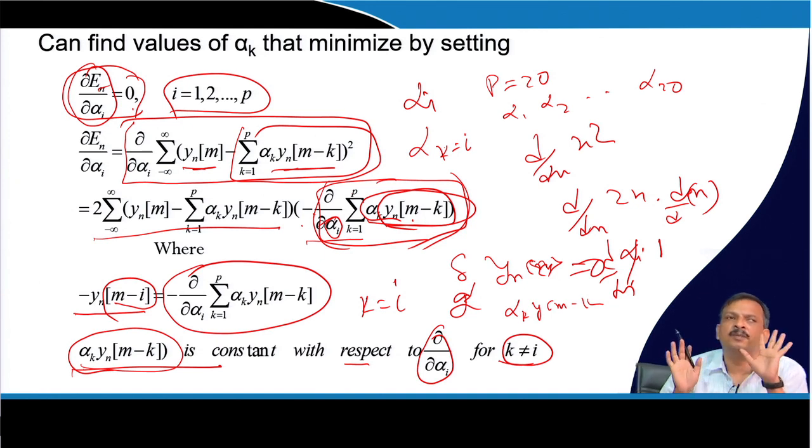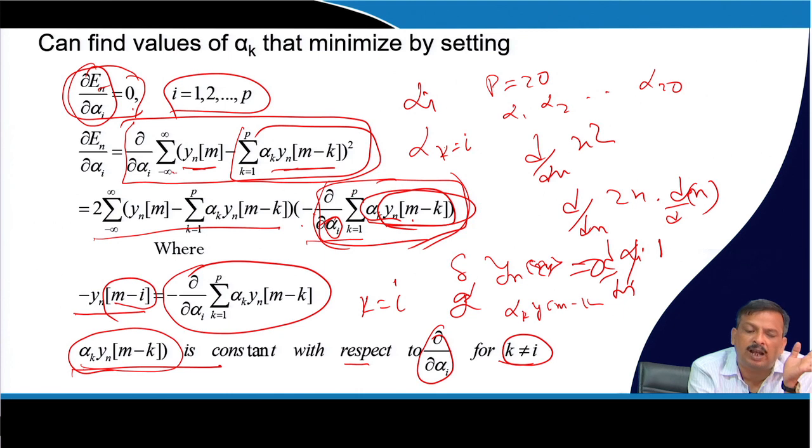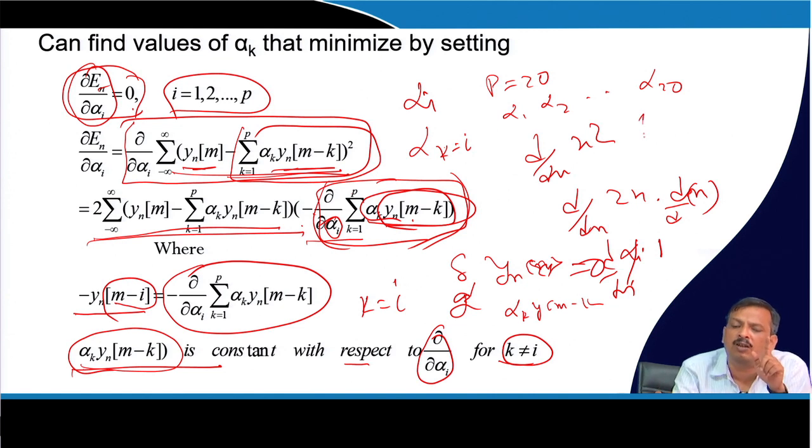Is it clear? I take the square and then the derivative. The derivative of x squared is 2 into x into the derivative of x. The first term does not contain any alpha, so it is 0, and the second is minus this term, but alpha_k varies from 1 to p.